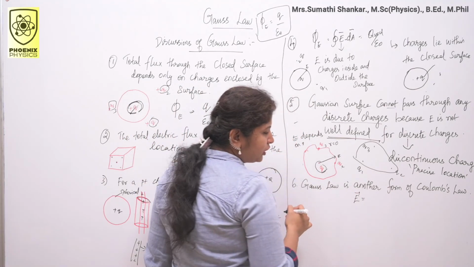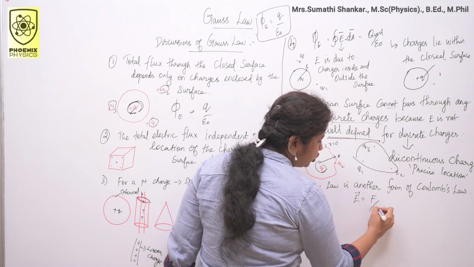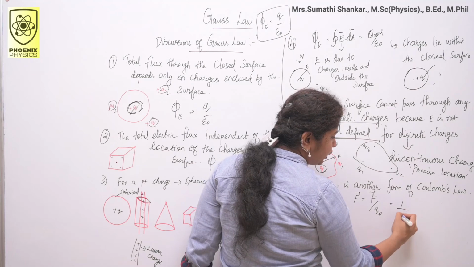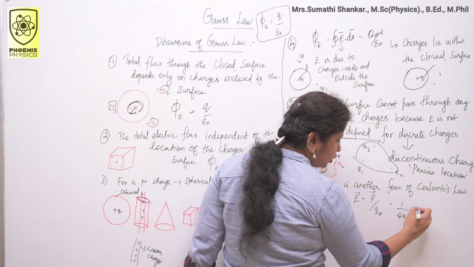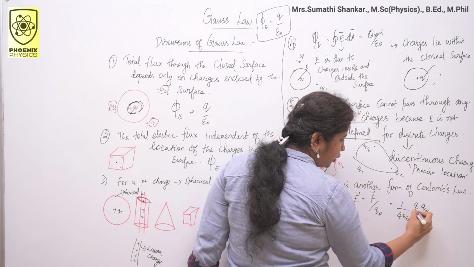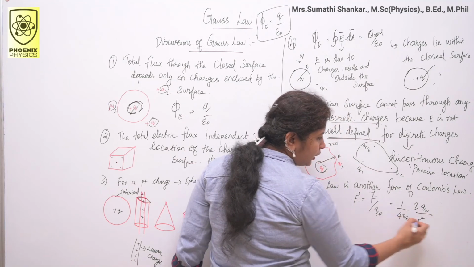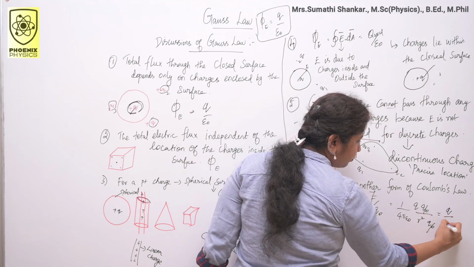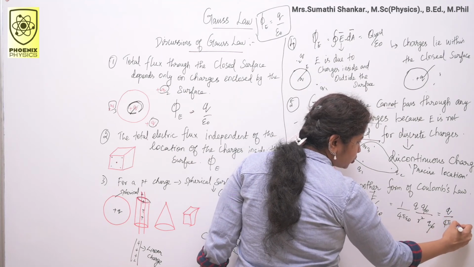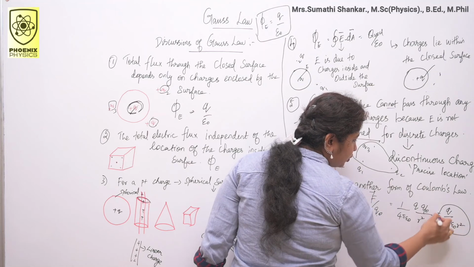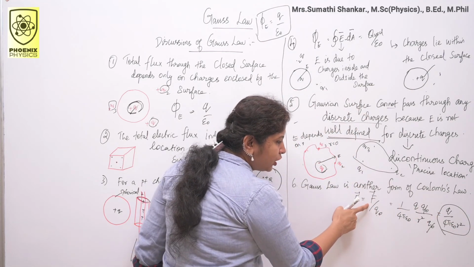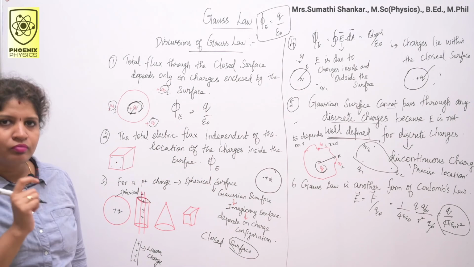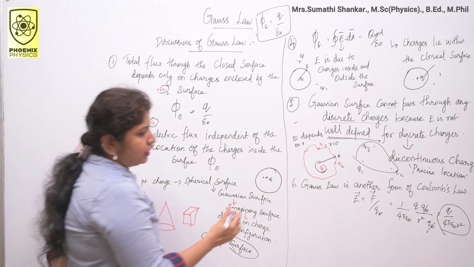Then the sixth point: Gauss law is another form of Coulomb's law. E vector can be written as F by q naught. Suppose you substitute the F value, 1 by 4 pi epsilon naught q Q naught by r square. Here I have q naught in both, cancel this q naught, you get Q by 4 pi epsilon naught r square. So, from Coulomb's law, we can easily calculate the electric field. In the same way, write Gauss law.